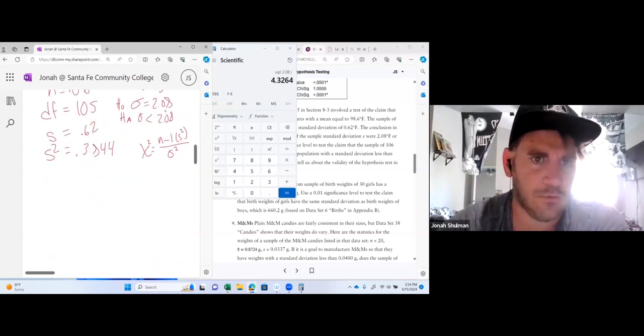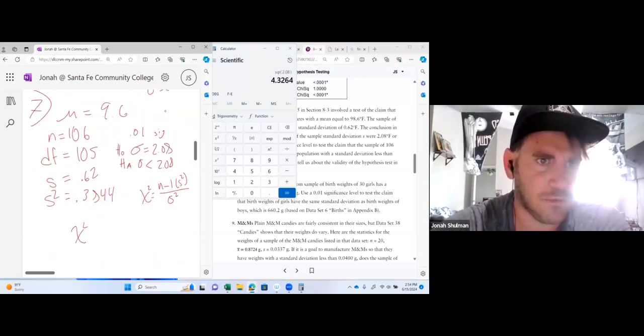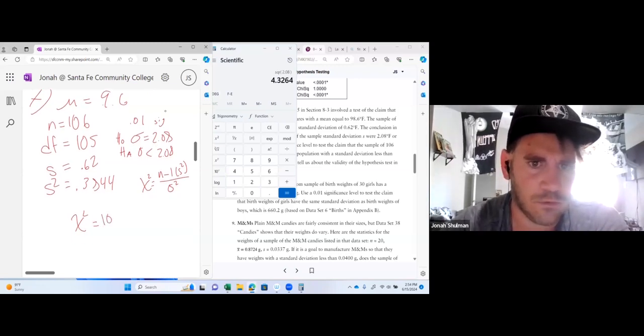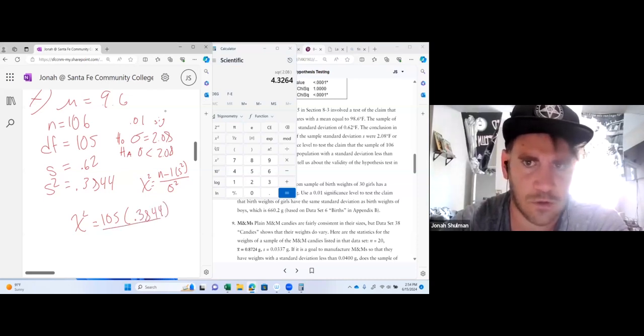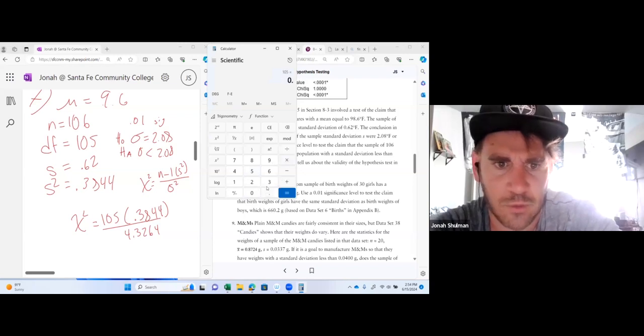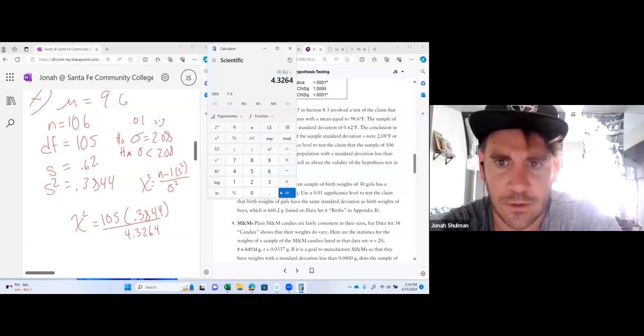So this is what I have so far. I have my chi-squared is equal to 105 times 0.3844 all over 4.3264.